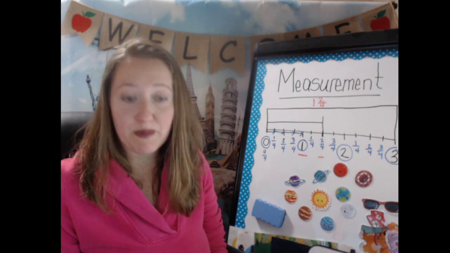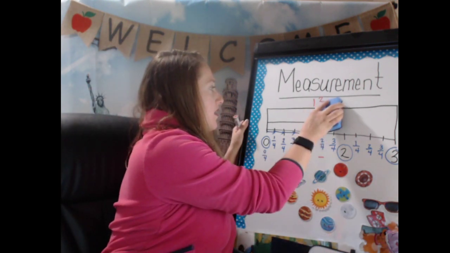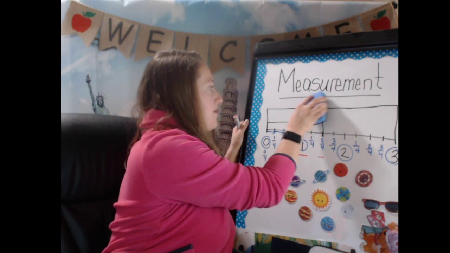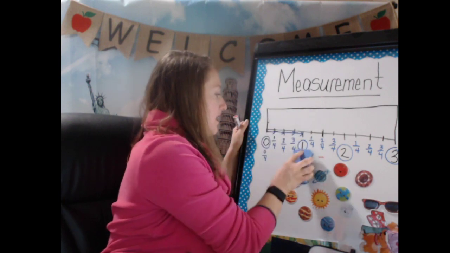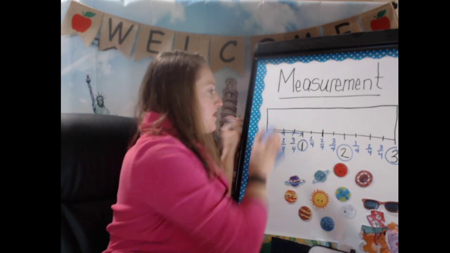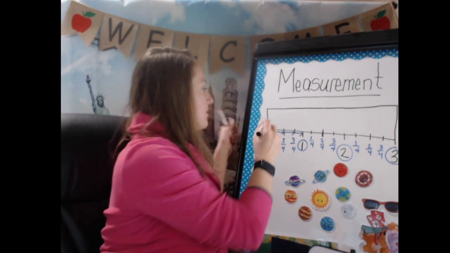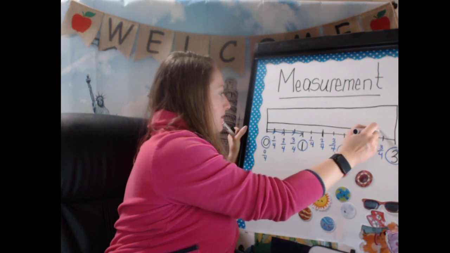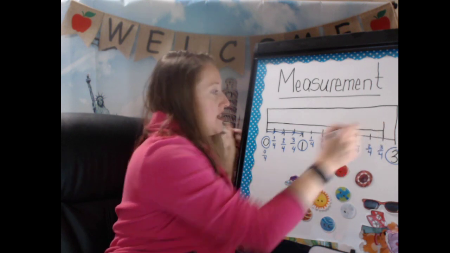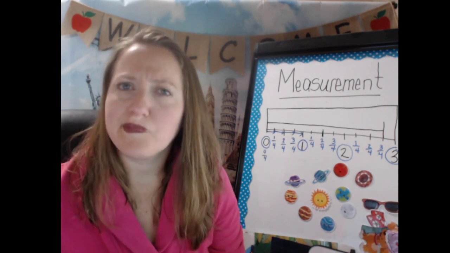Hopefully that makes sense, but let's do another one. Let me erase these. It works the same way. I'm going to erase my red lines here. Okay, let's say I want to measure this line. Wow, that is a very, very long line. Can anybody remember?